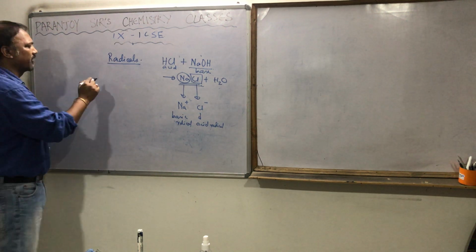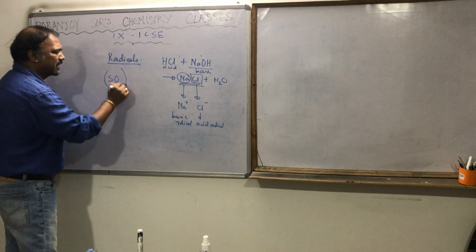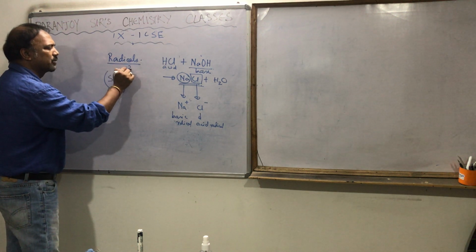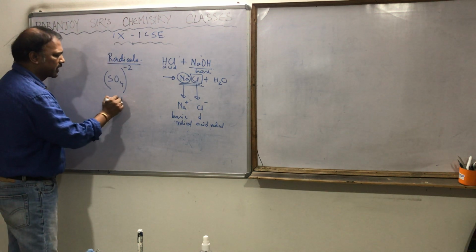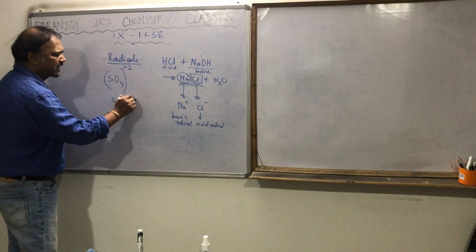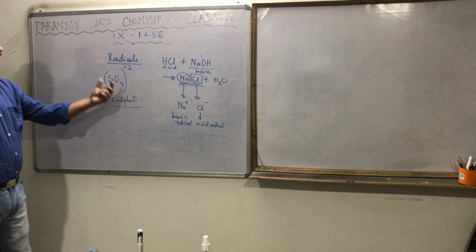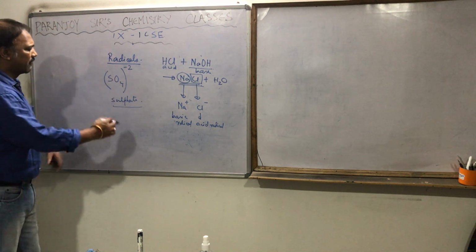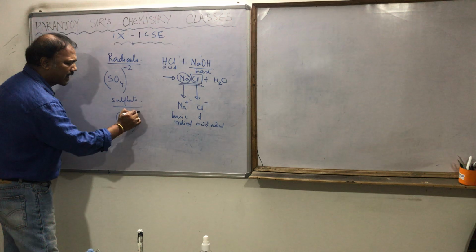As I told, sulfate, you had heard about sulfate. What is sulfate? SO4, and its charge is -2, meaning valency is -2. That is called sulfate. That's a radical. That's one entity. It's not sulfur and oxygen separately. For example, nitrate, NO3 minus.